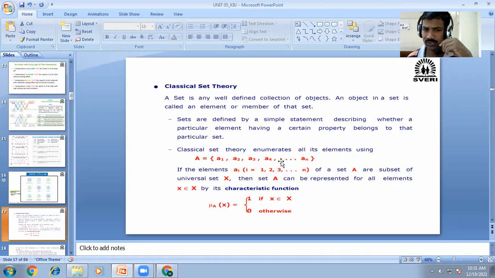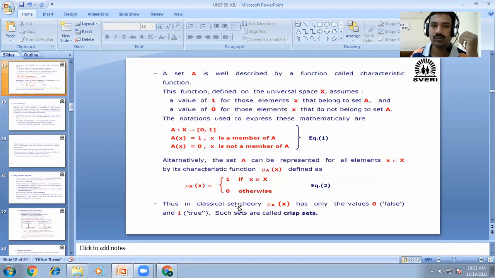Cloth is one set, and inside that all the elements are there. We can define X as the universal set, then we can write mu A equal to 1 and 0. In Boolean logic, 1 is yes and 0 is no.